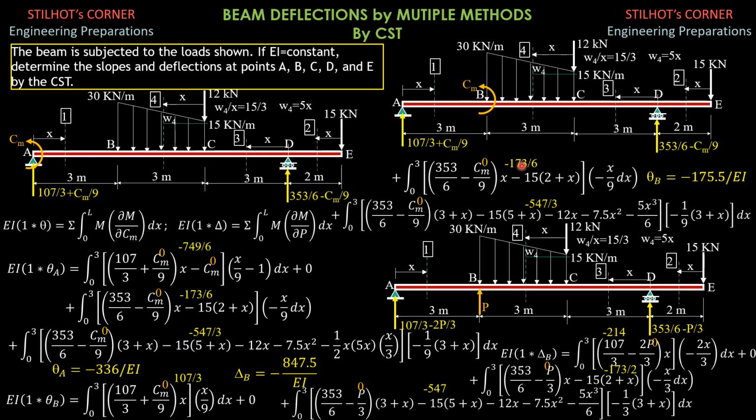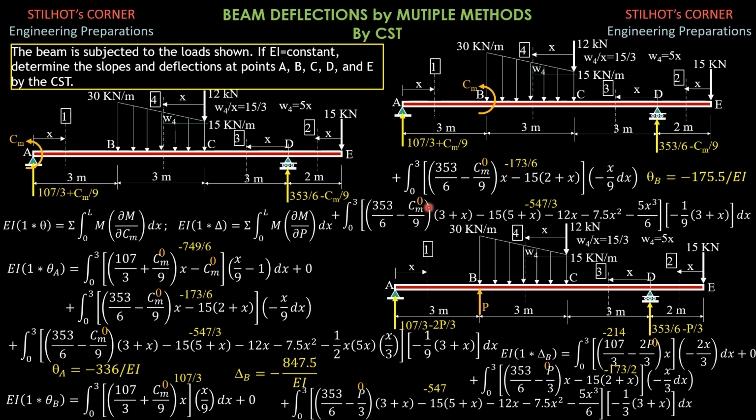Then for the last section 4, the integral of the quantity 353 over 6 minus C sub m over 9 times moment arm 3 plus x, then minus 15 times quantity 5 plus x, minus 12x, we just copy the previous moment equation: 12x minus 7.5x squared minus 5x cubed over 6. The partial derivative of this moment equation with respect to C sub m is negative 3 plus x over 9, dx.